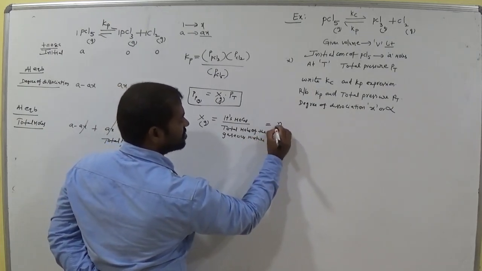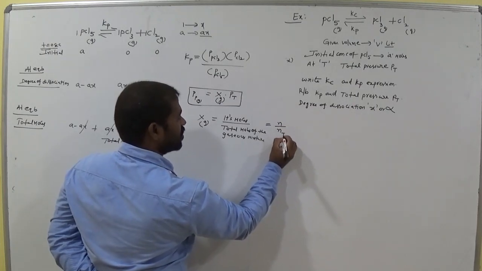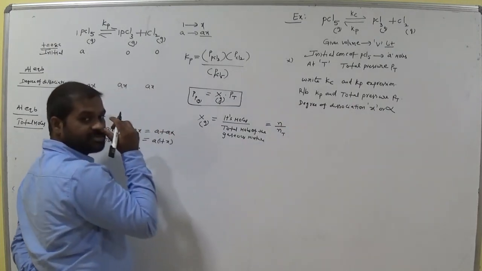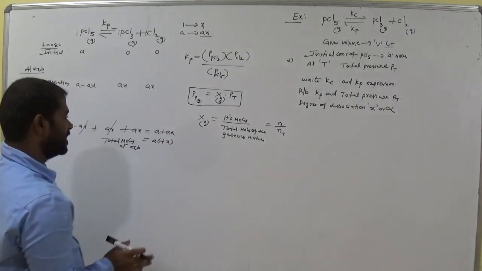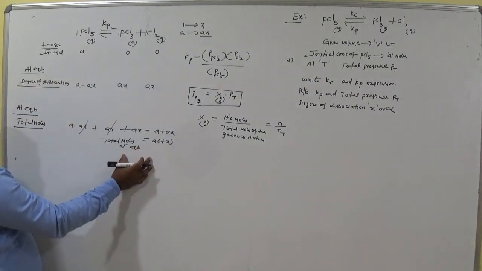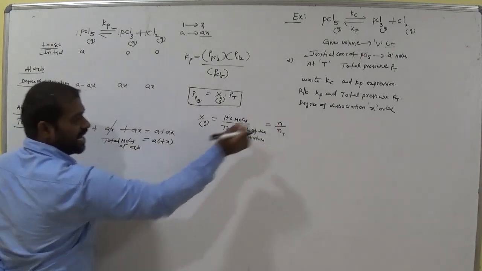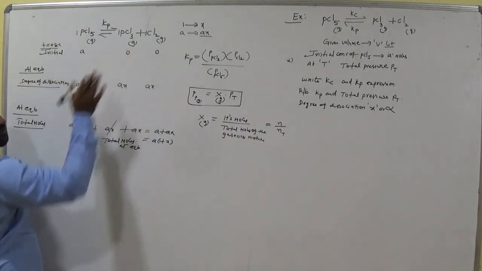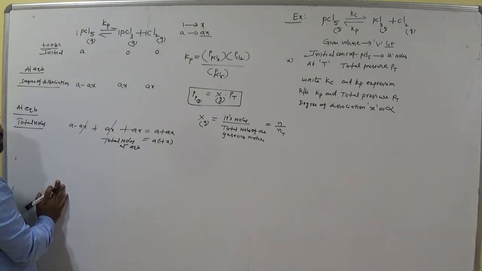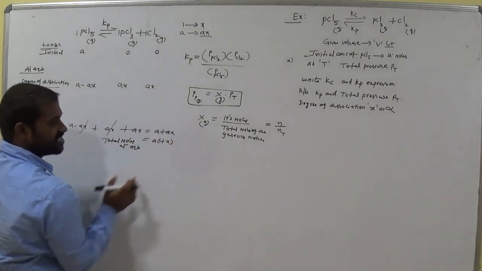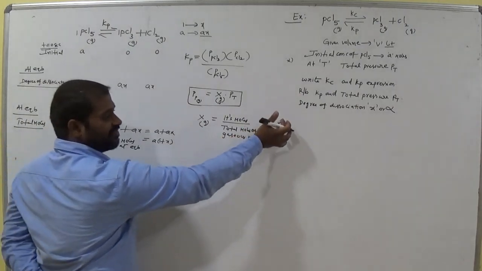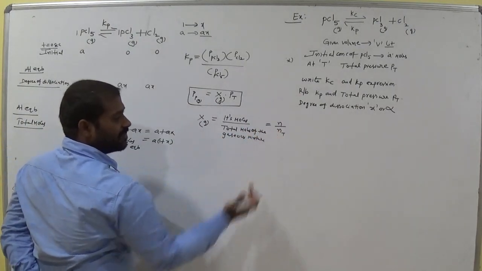Simply moles by total moles, then we get its mole fraction. Is it clear? So now here we have total moles. Now I would like to calculate the number of moles for each one, and mole fraction also we need. Mole fraction means number of moles to the total number of moles.